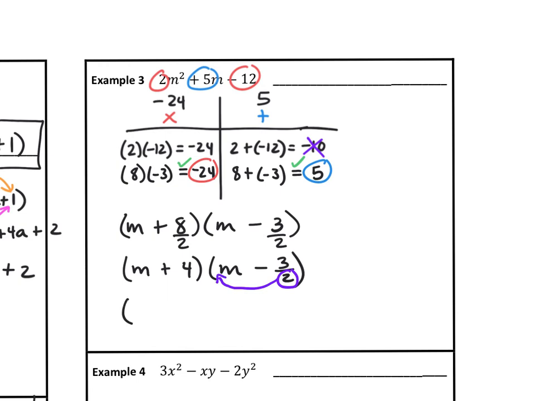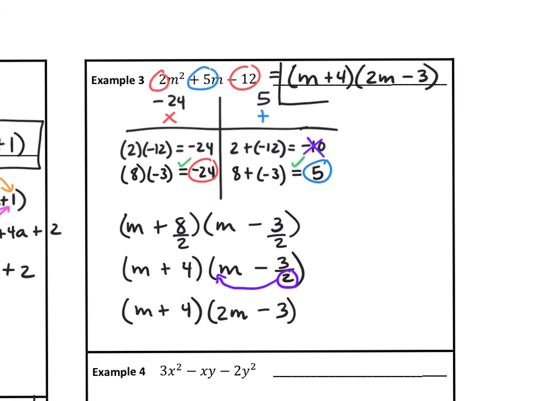So I'm going to copy the first answer, and then in the second parentheses, I'm going to move the 2 to the front, and then copy the m minus 3. Copy the minus 3. And so that should be my answer. M plus 4 and 2m minus 3.